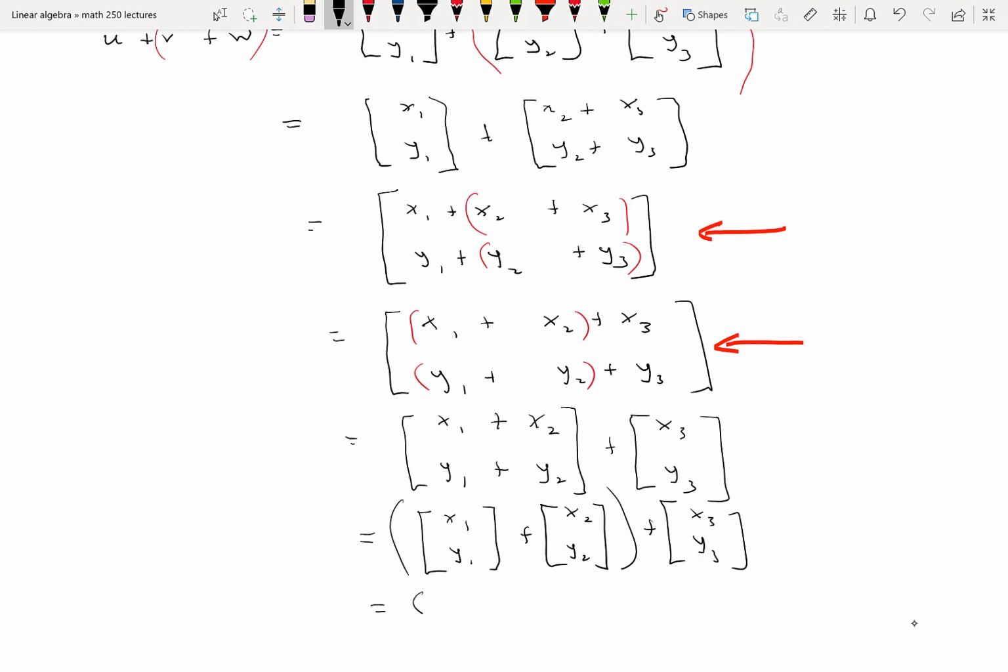And what you're looking at is (u plus v) plus w. Okay, very tedious process, depending on the operation and how you define the operations of addition and scalar multiplication, and also depending on the complexity of the vector space.